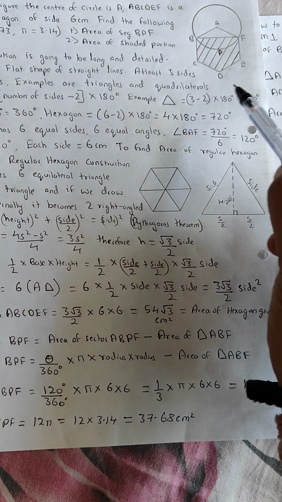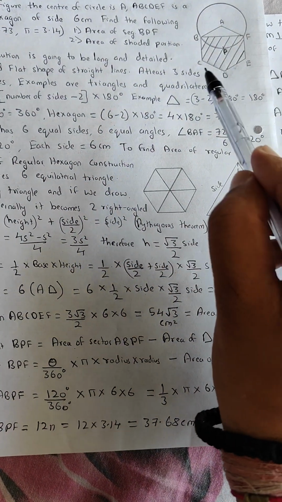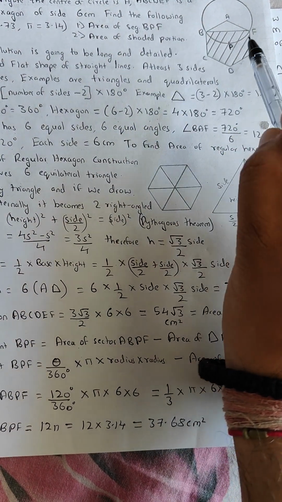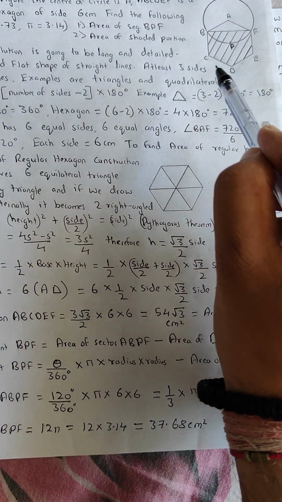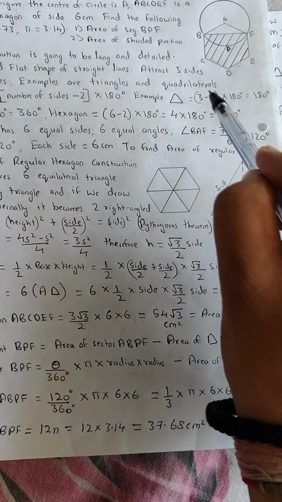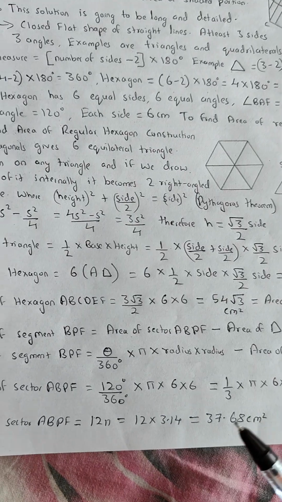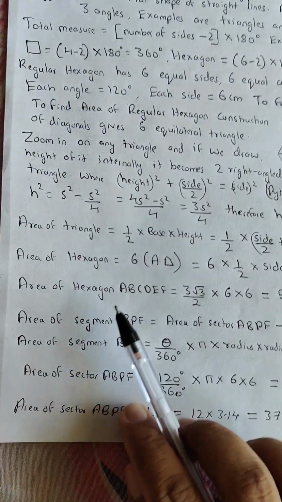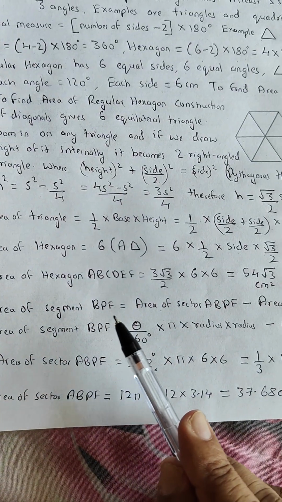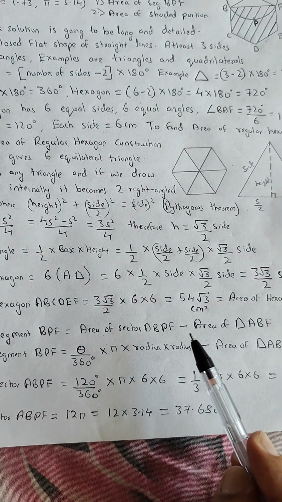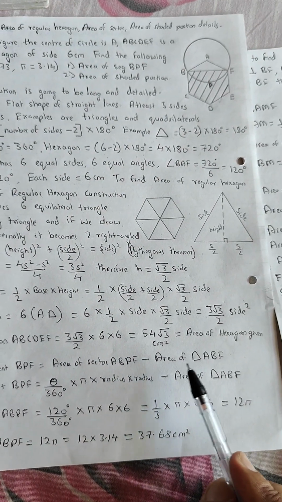This is the area of the entire hexagon, but we are not interested in finding the entire hexagon. We are interested in finding the area of segment BPF and area of the shaded portion. Means out of the entire hexagon we have to subtract area of this particular triangle. Now moving further, how we can move ahead? Area of segment BPF equal to area of sector ABPF minus area of triangle ABF.